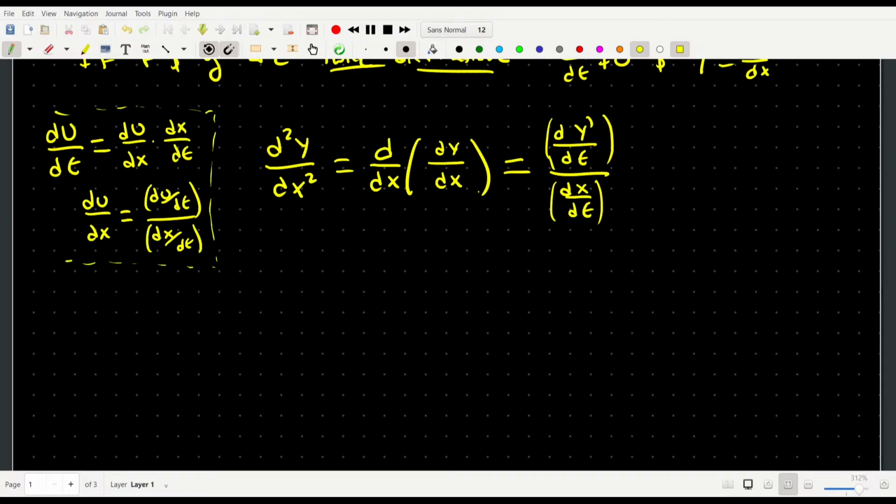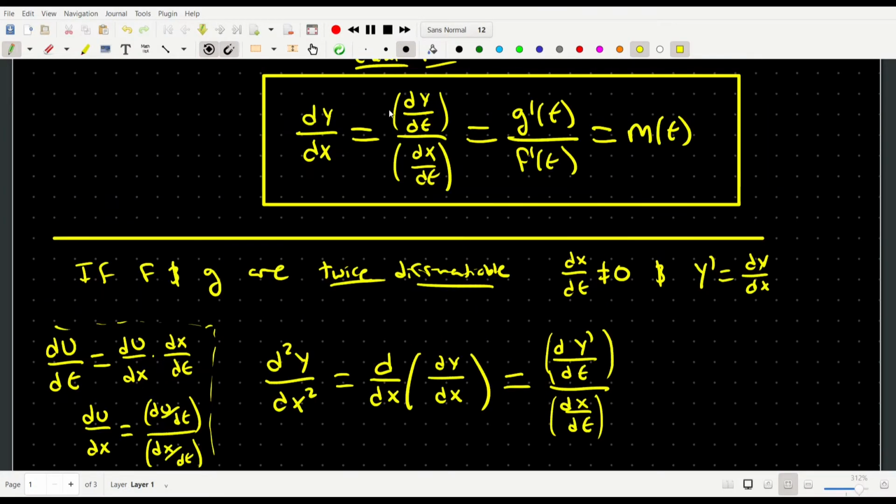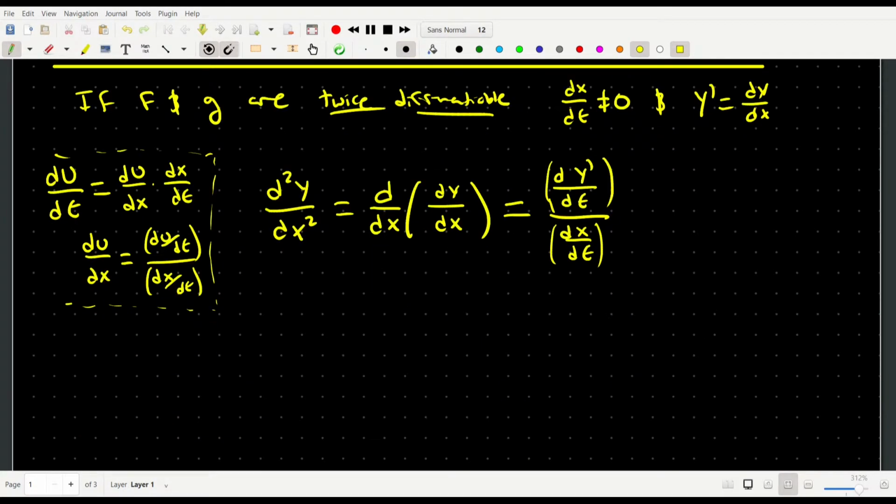To get this relationship, essentially what we're doing is just plugging in the relationship from the previous theorem, dy dx. Dy dx is the same thing as this u that we're inserting into this equation. And so this is going to be the same thing as du dt over dx dt.